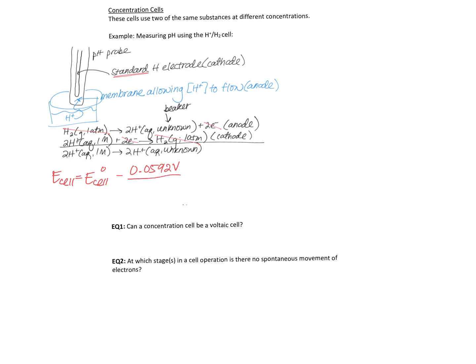This is the Nernst equation, times log of Q. Q would be the concentration of H plus squared over the concentration of H plus squared. This would be the unknown concentration, and this would be the standard concentration. This number right here would be 0. This number right here would be 1 molar.